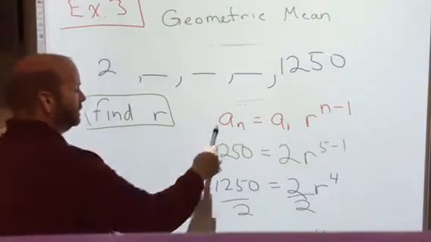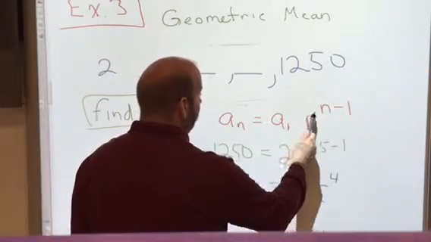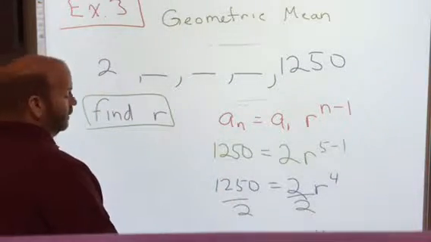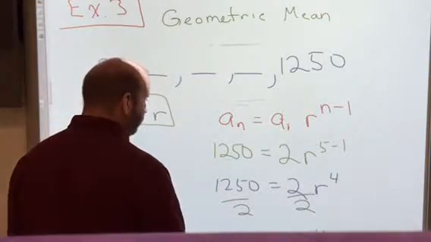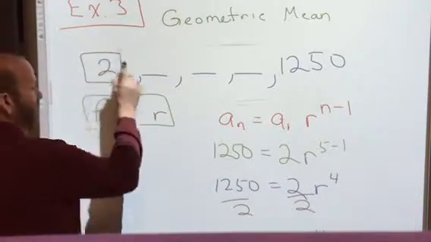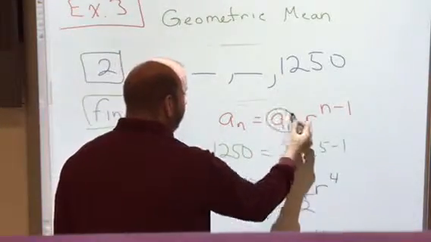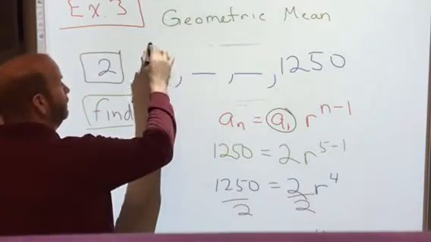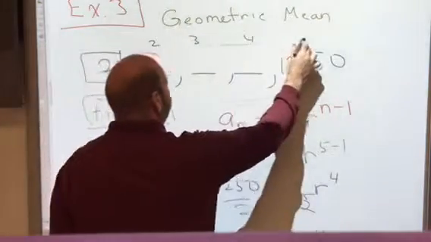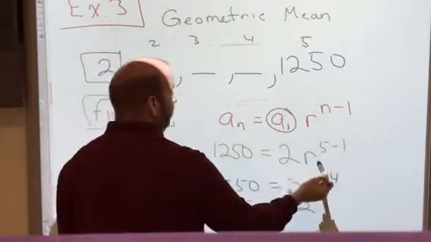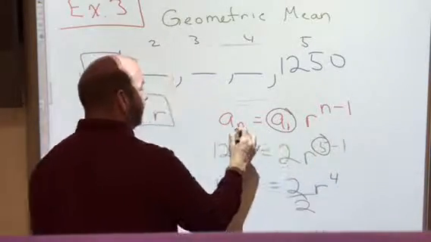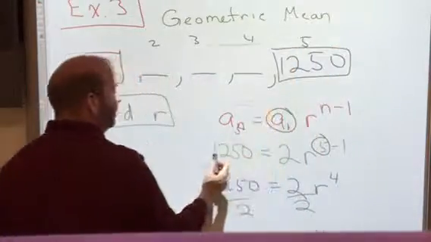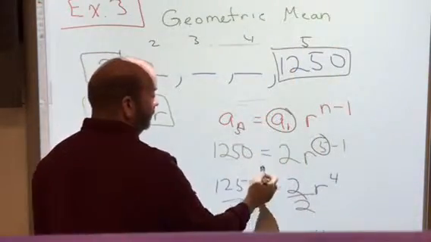So the formula a sub n equals a sub 1 r to the n minus 1. First we know that the first term is 2, so a sub 1 is 2. And then we know that the fifth term, a sub 5, is 1,250.